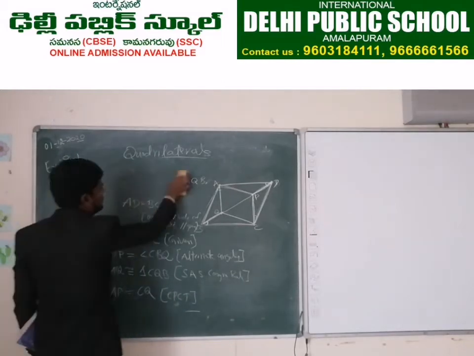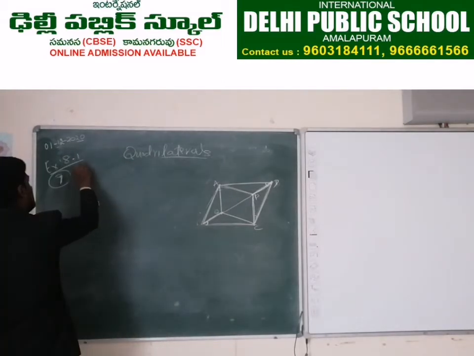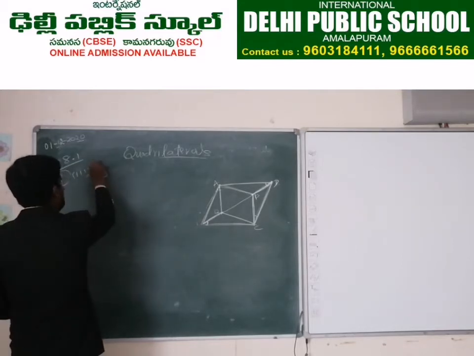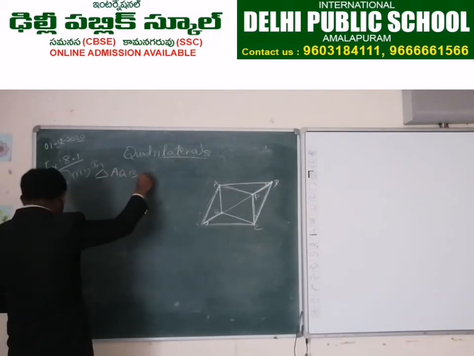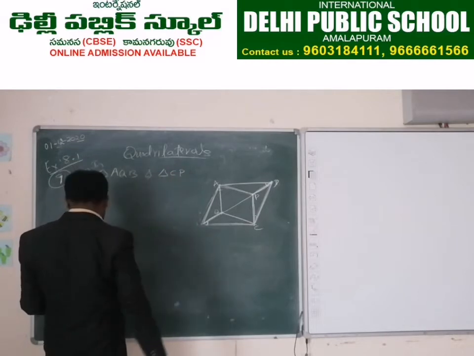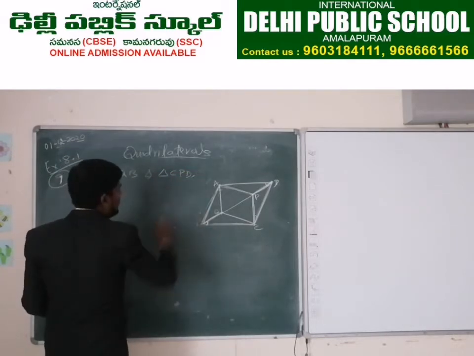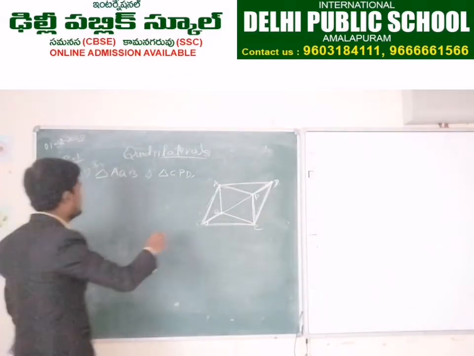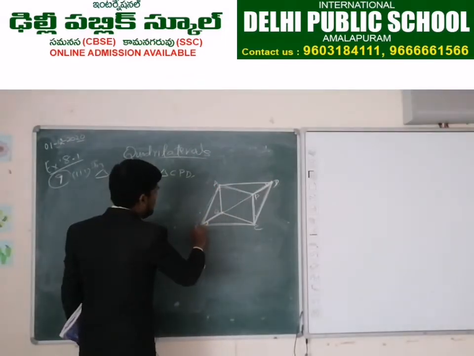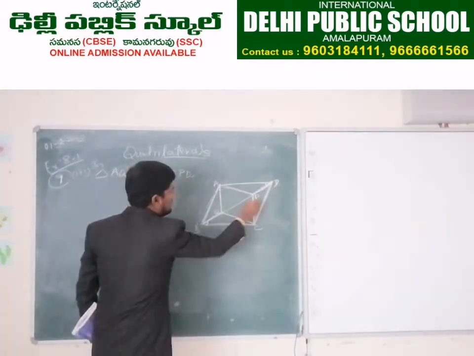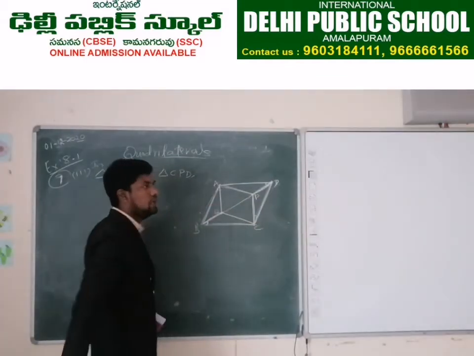The third condition: triangle AQB and triangle CPD. So we have to prove these two triangles, ABQ and CPD, are congruent.